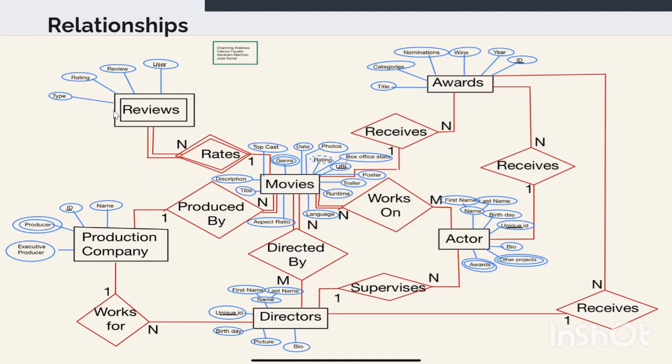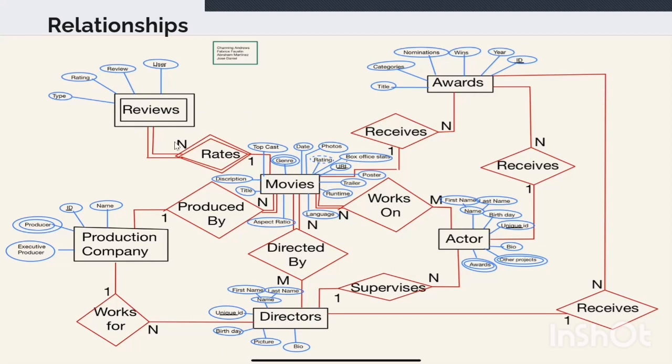Also, we have our reviews entity. This is our weak entity. So meaning that if a movie wouldn't exist, like if a movie wouldn't be produced, then reviews wouldn't exist, meaning that reviews depend on movies.